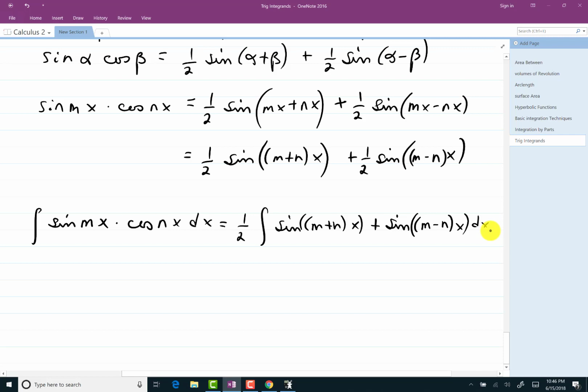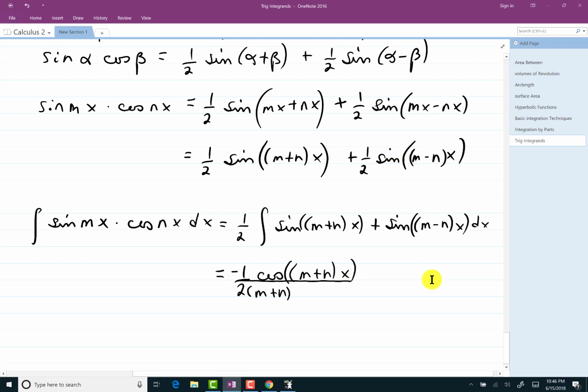And now they're easy to integrate. If you were to let a u be m plus nx, then du would equal just m plus n dx, and then you would divide by m plus n. So you end up with 1/2, well, negative 1/2 cosine of m plus nx divided by m plus n.